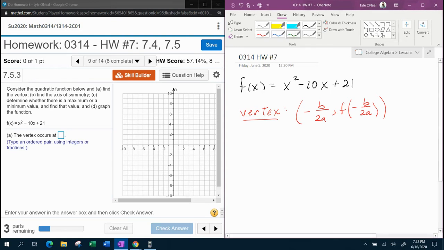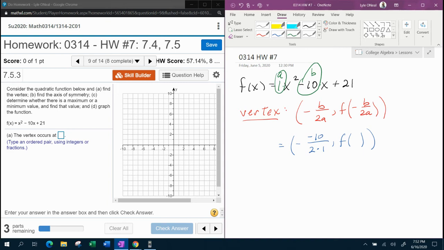And since we have a quadratic function, the coefficient of x squared, that is my a, and the coefficient of x, that is my b, and the 21 would be the c, but it doesn't require that to find the vertex, okay? So here we go, doing a little plug and play into the vertex formula. The vertex is going to be minus b, which is negative 10, over 2 times a, which is 1, and then f of whatever we get from that.